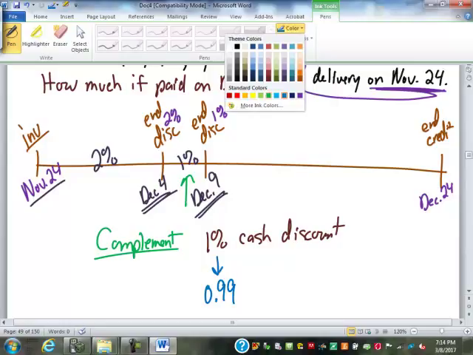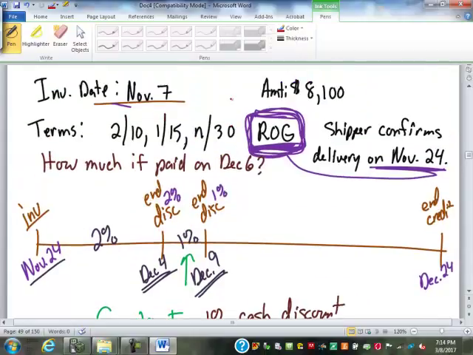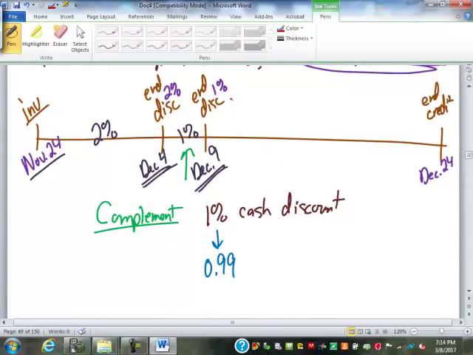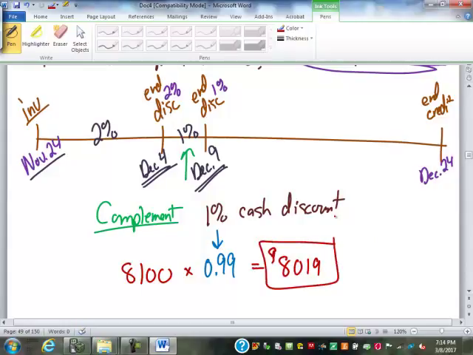So we are going to take that invoiced amount of $8,100 times 0.99. So they're going to pay $8,019. Any questions?